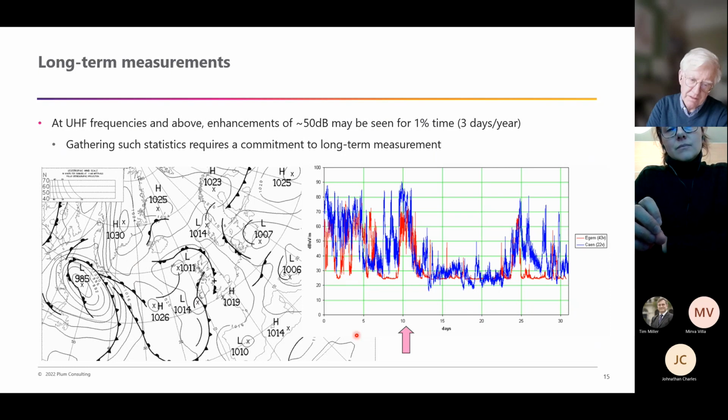It's possible that with the extra energy in the atmosphere, with climate change and global warming, that we'll see less of the long period, well-established high pressure zones that we've typically seen around the UK in the summer, that they may be subject to more rapid change, which may preclude some of these long instances of ducting and anomalous propagation we've seen in the past. But we don't really know.